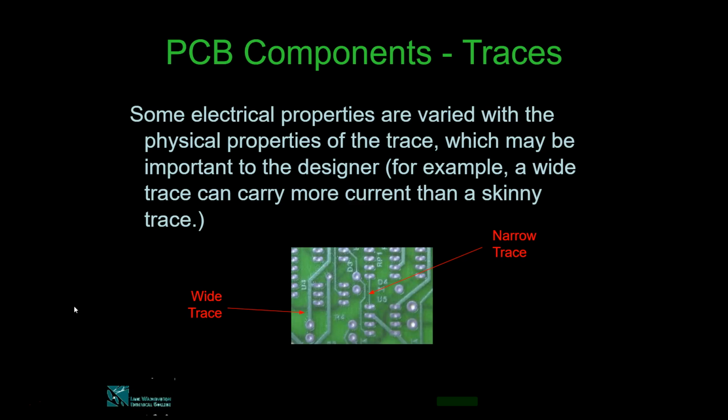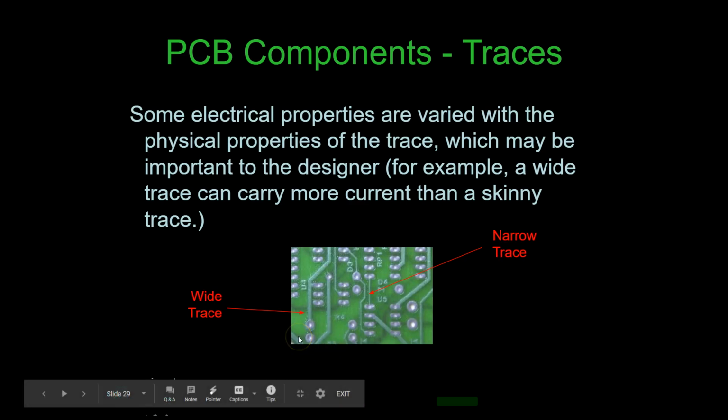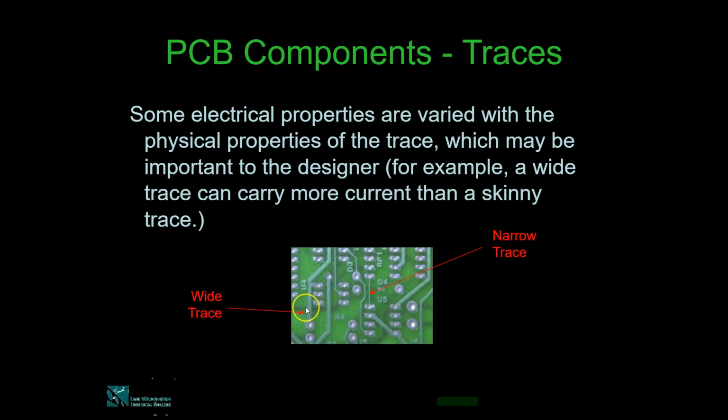Now here, as you see in the picture, two traces are shown. This trace is wider compared to this trace. This is a narrow trace. So the trace width also varies, and it depends upon the amount of current it carries, and depending upon that, the size may vary.